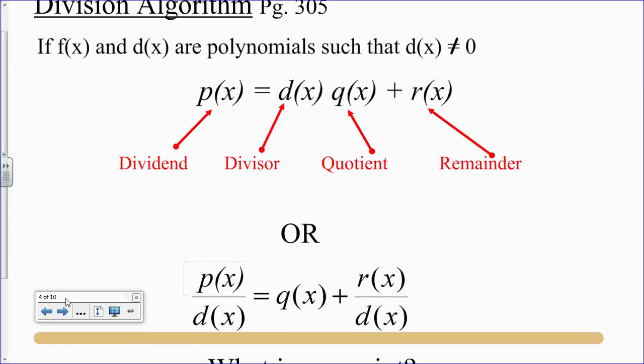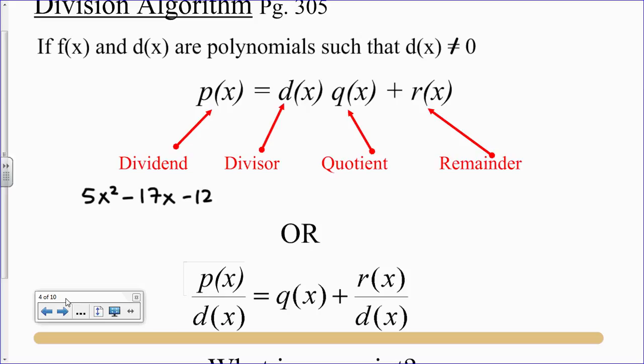So my dividend is what you divide. If I think about my last example, the one we just did, it was 5x squared minus 17x minus 12. So this is writing it as a multiplication problem.